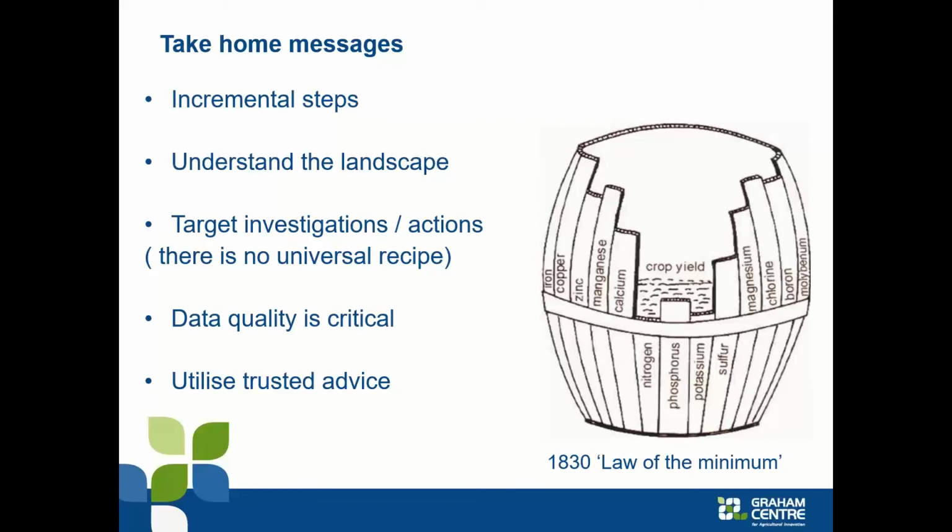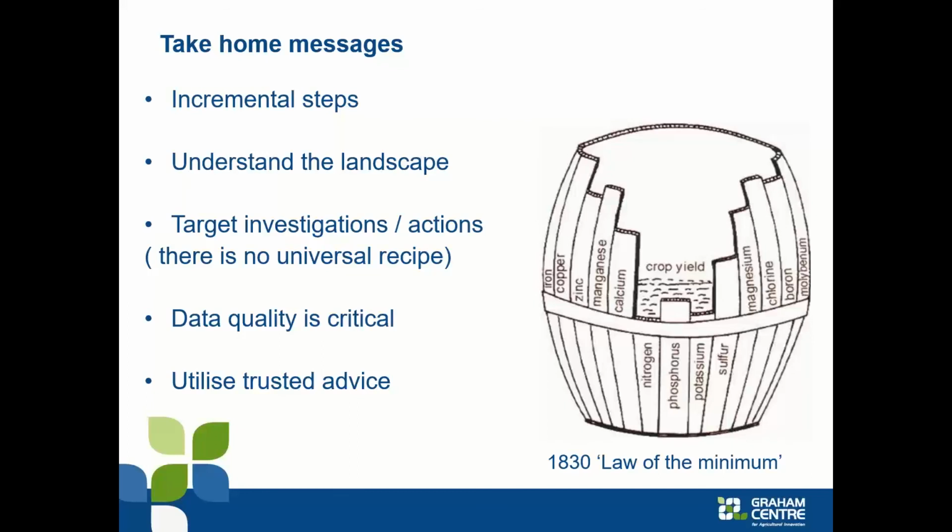And finally, in talking about this, I think it's always quite important to remember that with all this technology that's out there, the fundamentals of agronomy and crop management haven't changed. Back in the 1830s a German soil chemist devised or promoted what he called the law of the minimum: that crop production is determined by the most limiting factor.